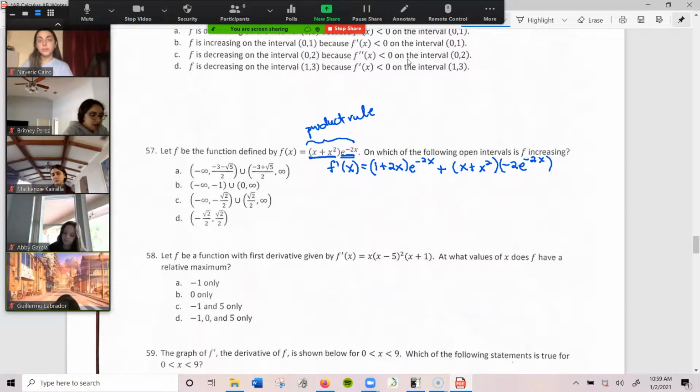So this is my derivative. So now what we are going to need to do is find our critical numbers, which is when the derivative is equal to 0, which can be kind of difficult. So what we're going to do here is factor out an e to the negative 2x, since everything has an e to the negative 2x.